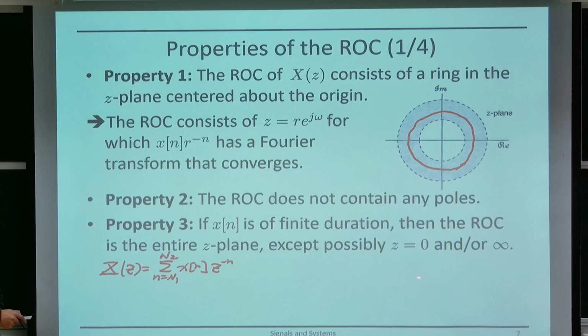So whether or not 0 or infinity is included in the ROC really depends on the region that you're summing over. If n1 is greater or equal to 0, then the ROC excludes 0. And when n2 is less or equal to 0, then the ROC excludes infinity.